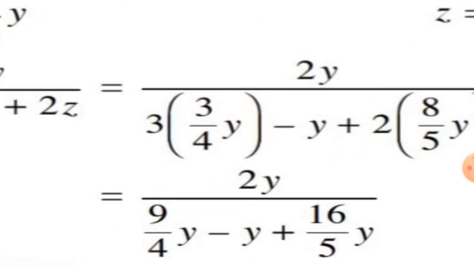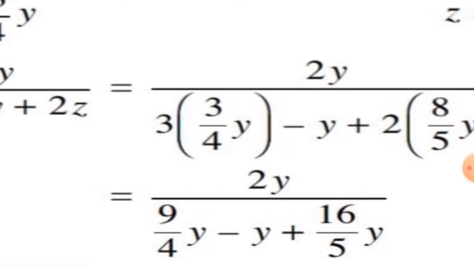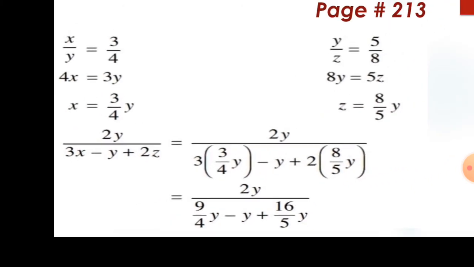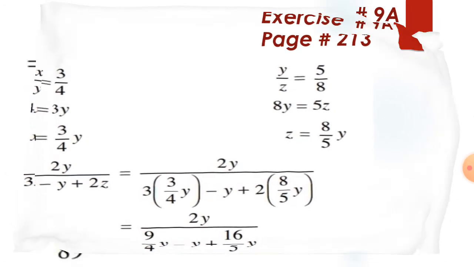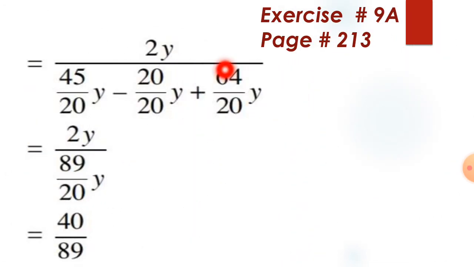We take the LCM 20, and 20 is multiplied by each of these 3 terms, which you can also call fractions. So 4 times 5 is 20, 5 times 9 is 45, and 20y is the same, 16 and 4 is multiplied, so 64 divided by 20 has come.